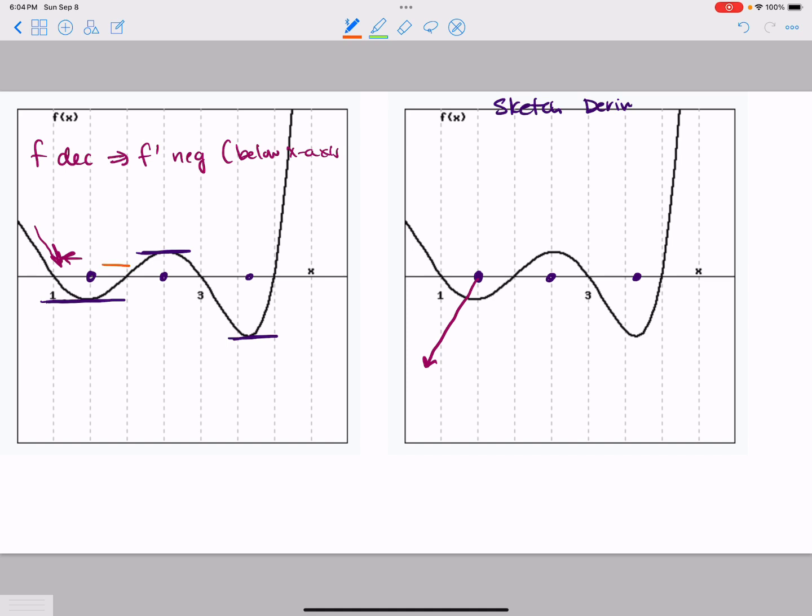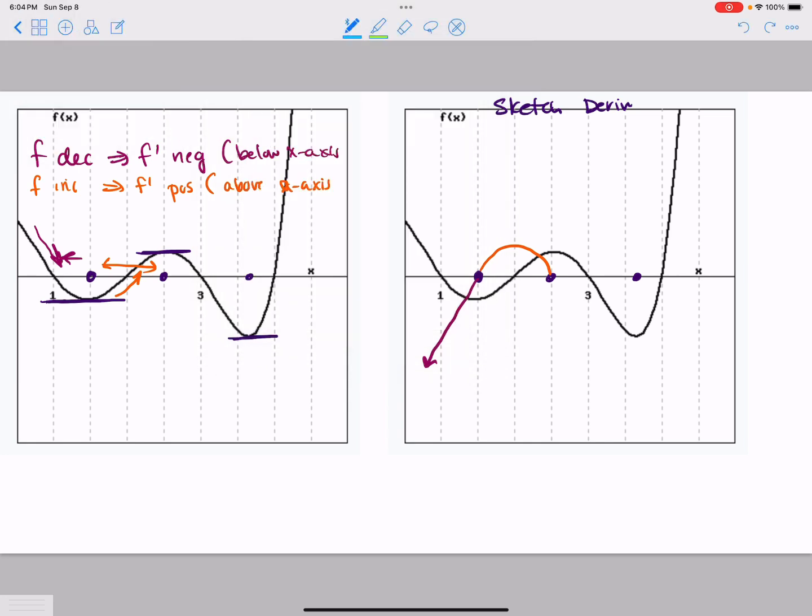In between these two points, my function is increasing, and if f is increasing, that means f prime is positive, or above the x-axis. So between these two, I have to connect them. I'm going to be above the x-axis. Now, I don't know, it could look like this. Who knows? This is a sketch, so it's above the x-axis and those two are connected.